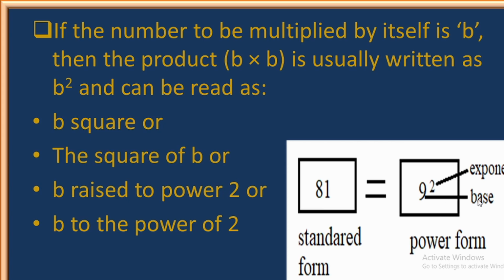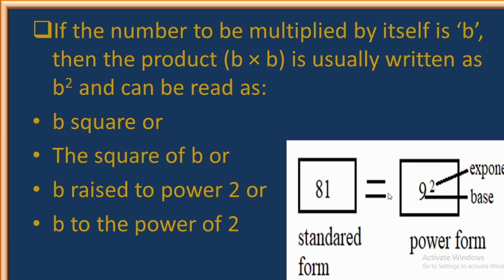The base, meaning the number that we are going to multiply by itself. And this number 2 refers to what? The exponent, or the power, and this exponent refers to how many times we have to multiply the base. In this case it is 2, so we have to multiply 9 times 9, meaning 2 times.